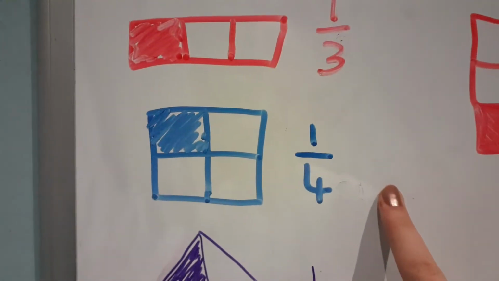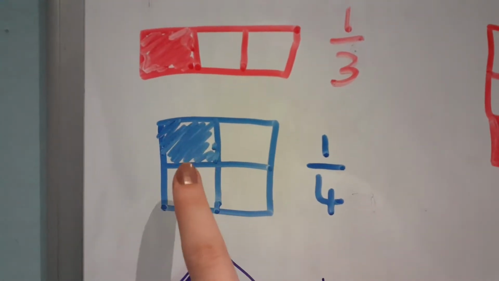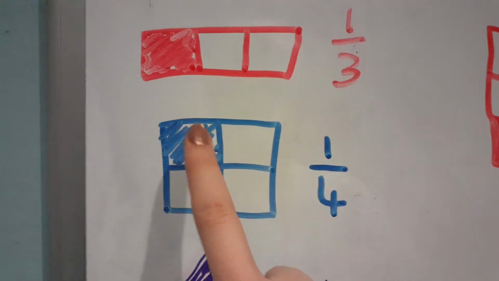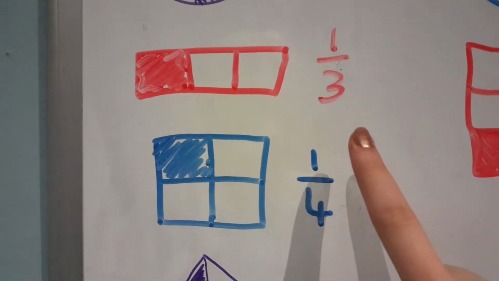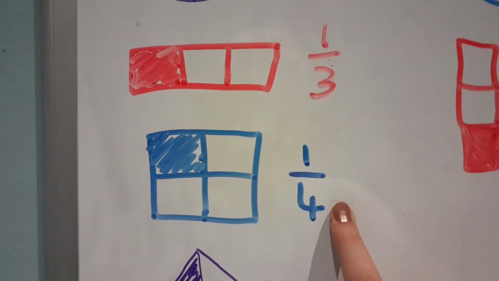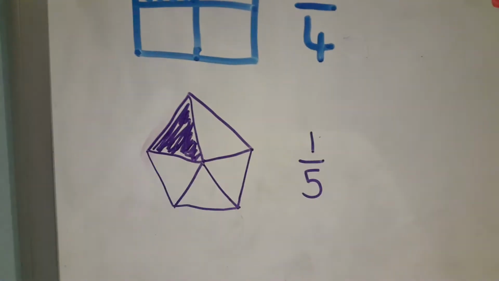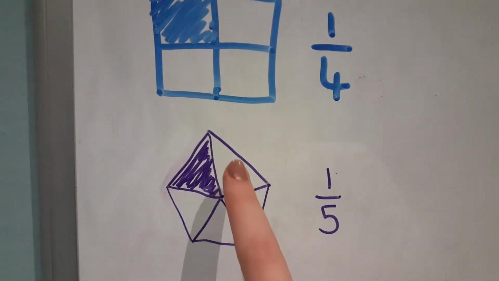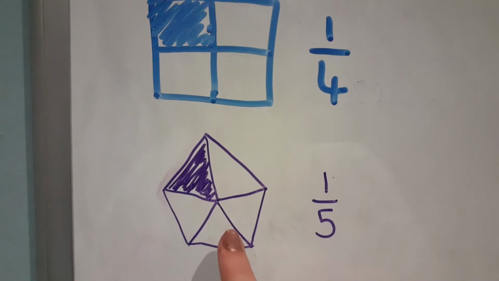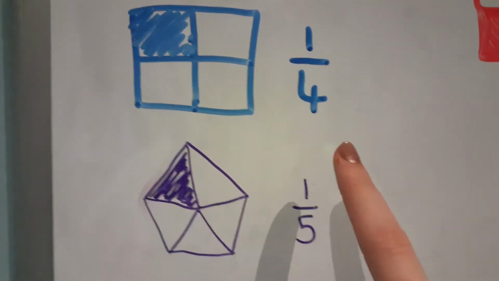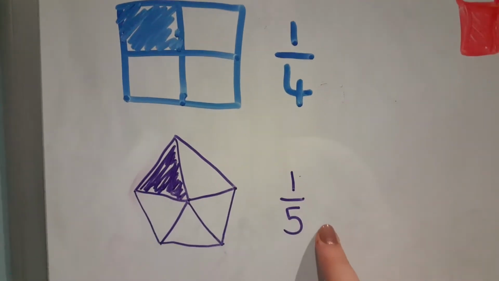And if we count here, 1, 2, 3, 4, and the 1 is colored in, we have 1 colored in out of the 4 blocks. And if we count 1, 2, 3, 4, 5, and 1 is colored in, 1 is colored in out of the 5 blocks.